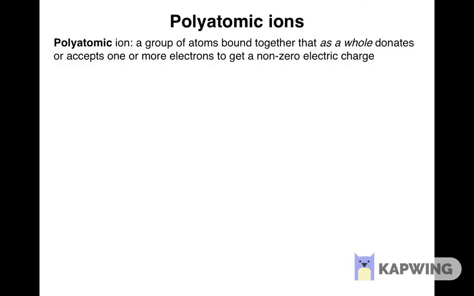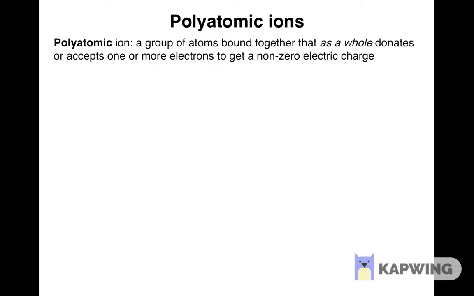When an ionic compound that consists of a polyatomic ion and another ion is dissolved, the polyatomic ions dissociate from the other ions in the compound.